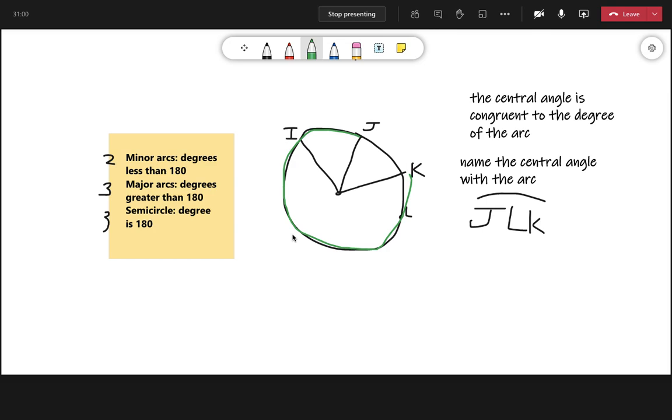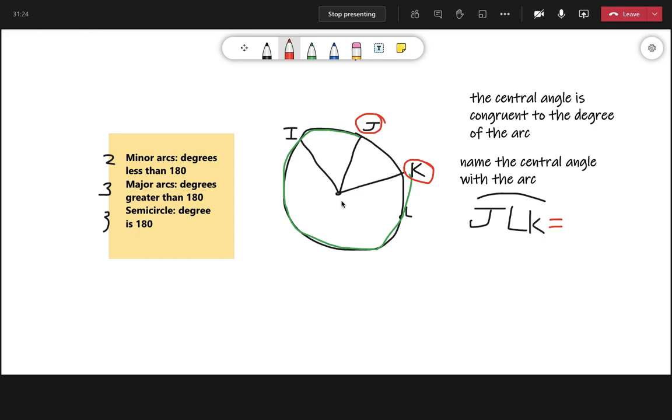So we're looking at this large angle. And the way we're going to look at this is, we're going to start by writing our central angle. Well, the two endpoints of our angle are going to be J and K. And of course the vertex is the center one right here.